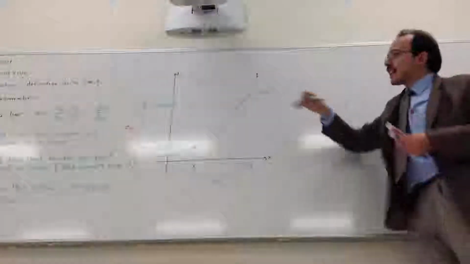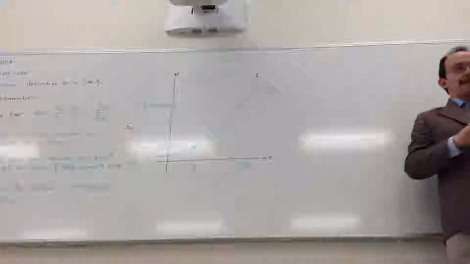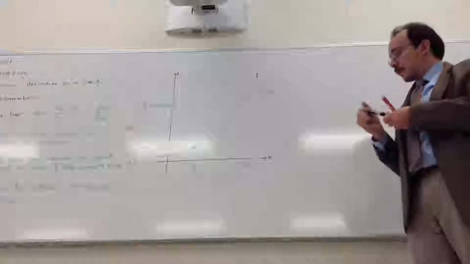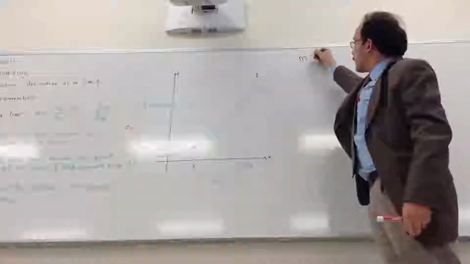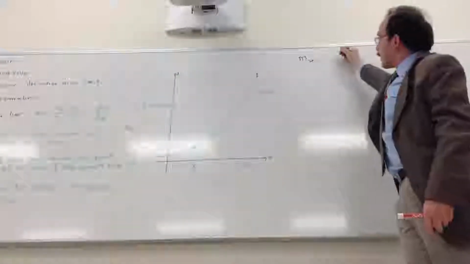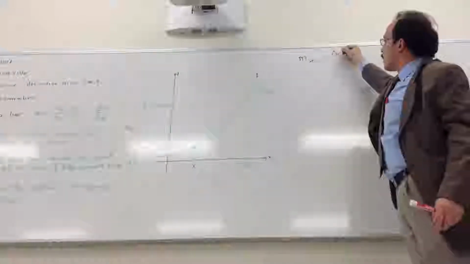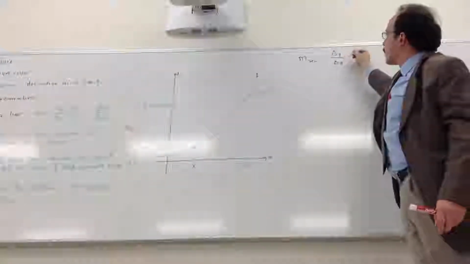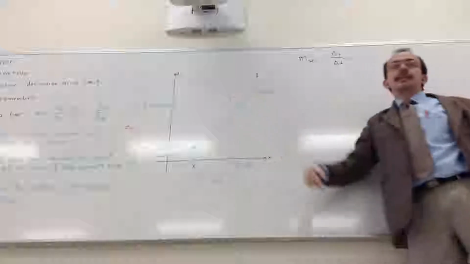Now, if I want to find the inclination, the slope of that secant line, what will be my formula? First it will be delta y over delta x, as we saw. But the delta y is what?